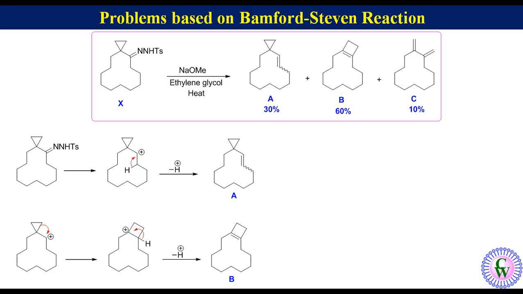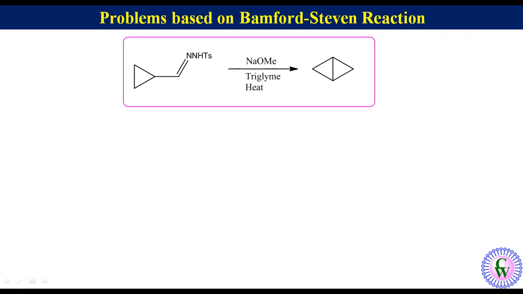Product B under heating condition can undergo electrocyclic ring opening process to produce product C. Explain the facts for the formation of bicyclobutane from tosylhydrazone of cyclopropane carboxaldehyde in the presence of sodium methoxide in triglyme under heating condition.